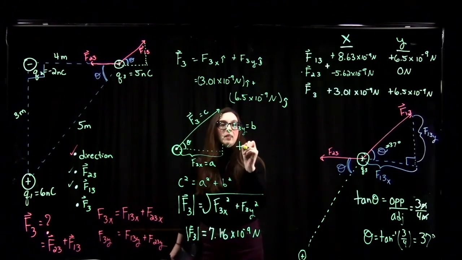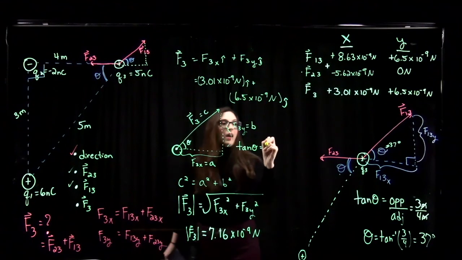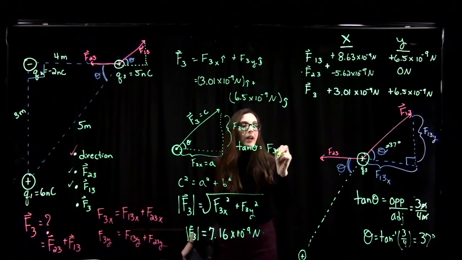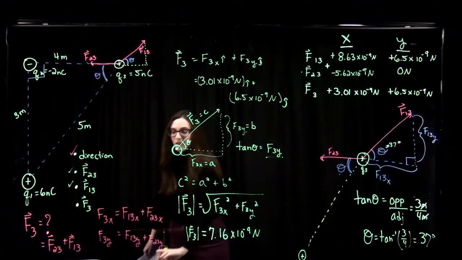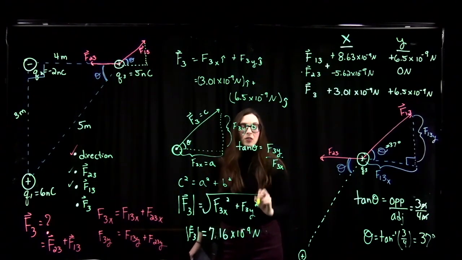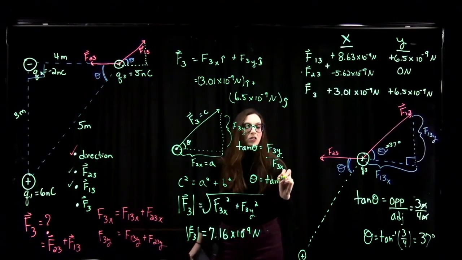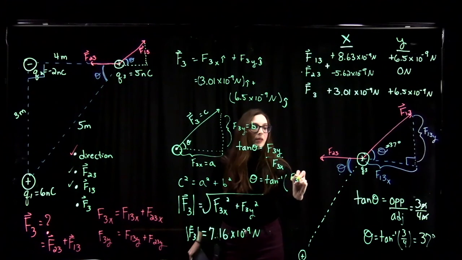Tangent of my angle theta is equal to the opposite side, which is F3y, over the adjacent side, which is F3x. So my angle theta is the inverse tangent of F3y over F3x.